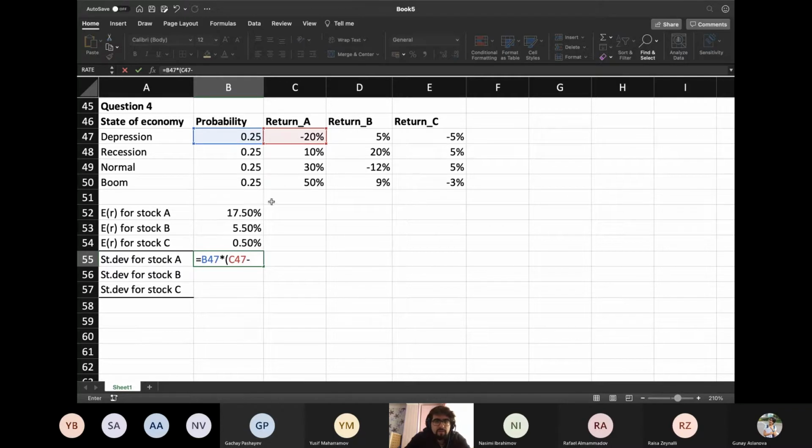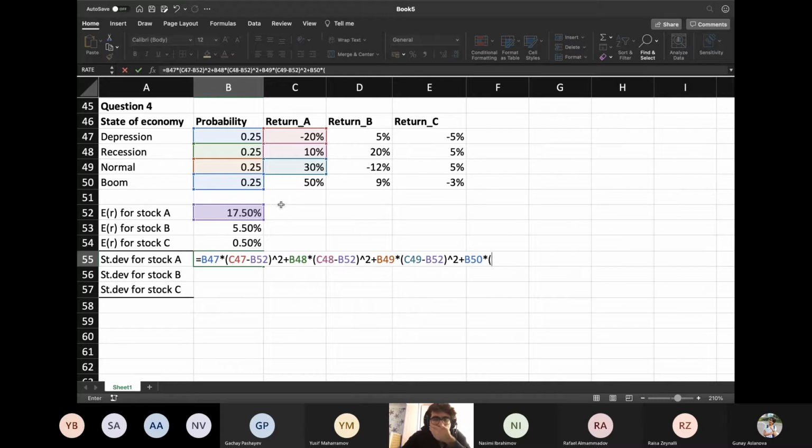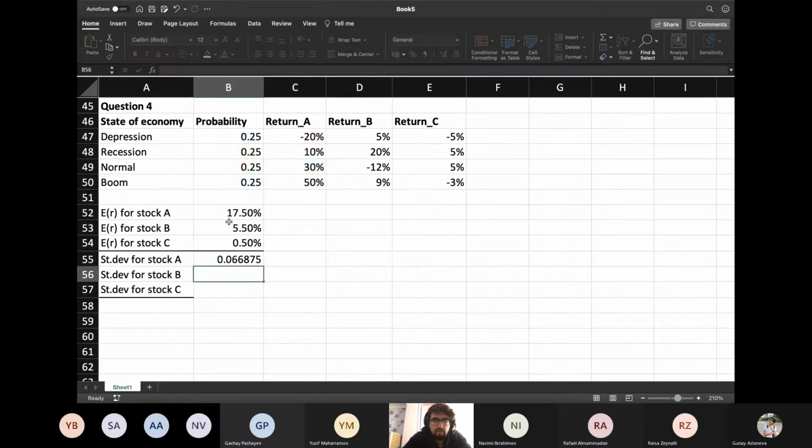Return A in depression minus expected return to the power of 2 plus, again, probability times this one to the power of 2, plus normal return minus expected to the power of 2, and plus 0.25 times 50 minus expected to the power of 2.